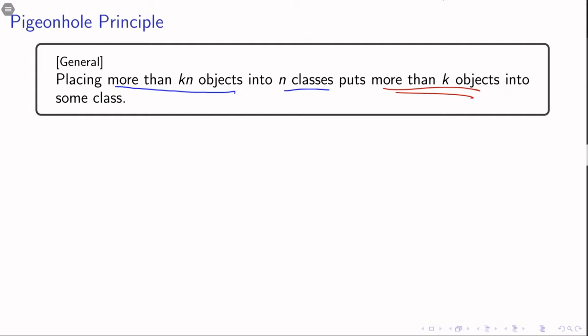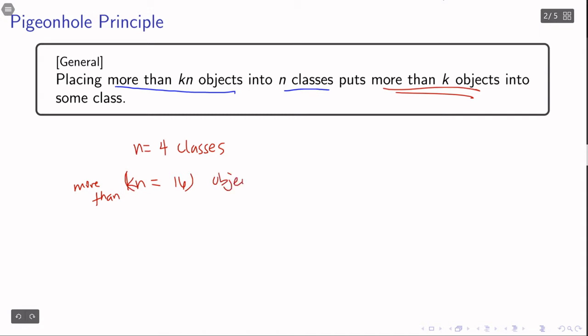Let's put some numbers into this just to give you an idea. Let's say you have 4 classes, right? And let's say that you have, let's see, k times n, so n is 4. You have more than 16 objects, right?